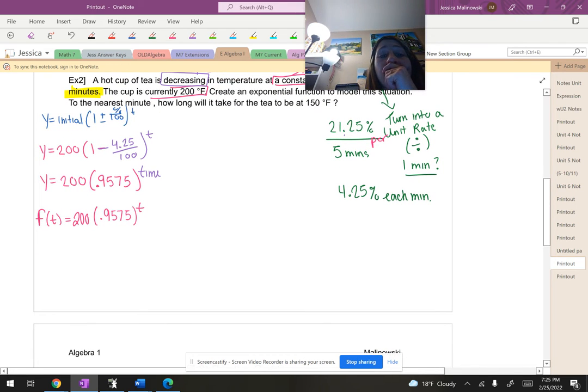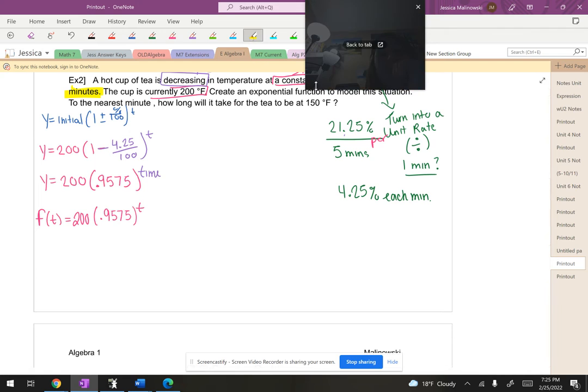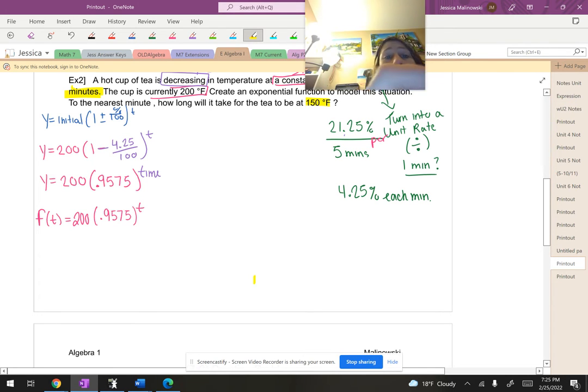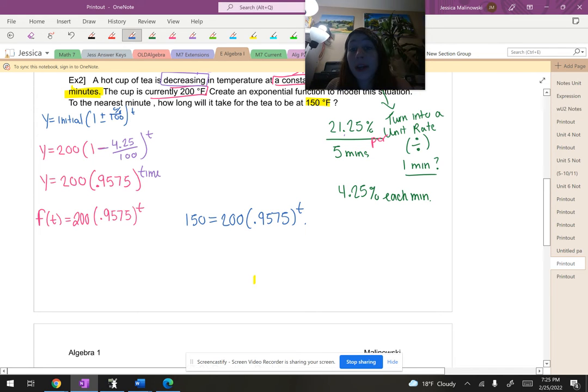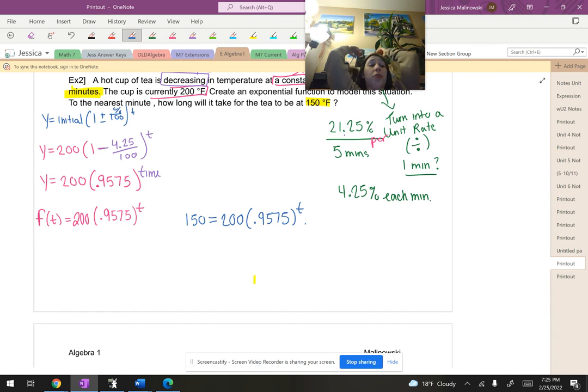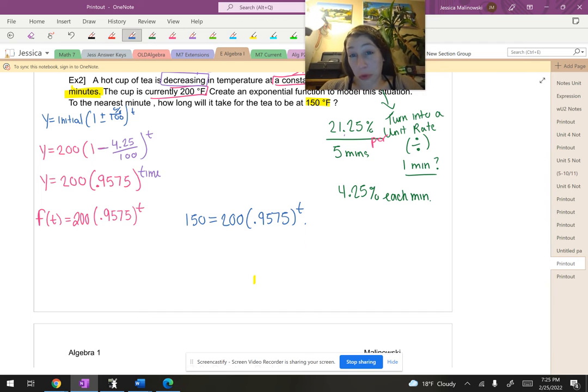Okay, boom. Then the next question: how long will it take for the tea to be at 150 degrees? In theory, you might think that we can take that 150 degrees, plug it in for the temperature, and solve. You're absolutely right that that is the process, but you do not know how to solve an exponential equation yet.